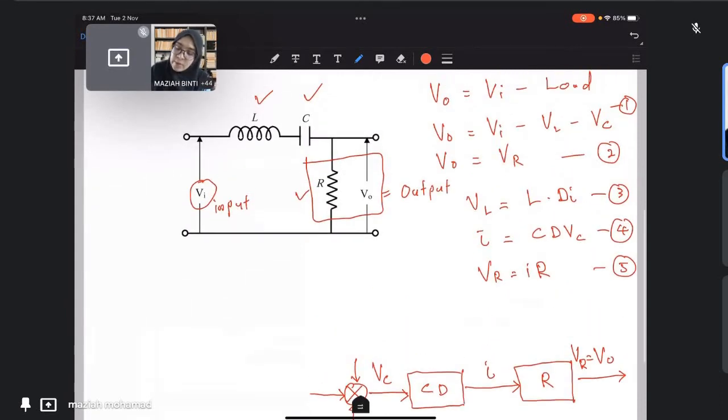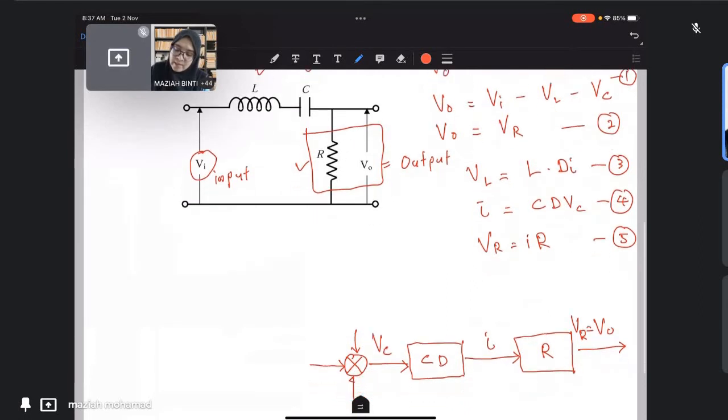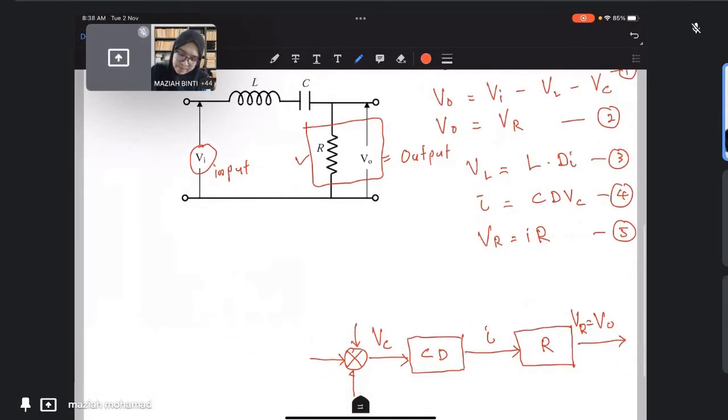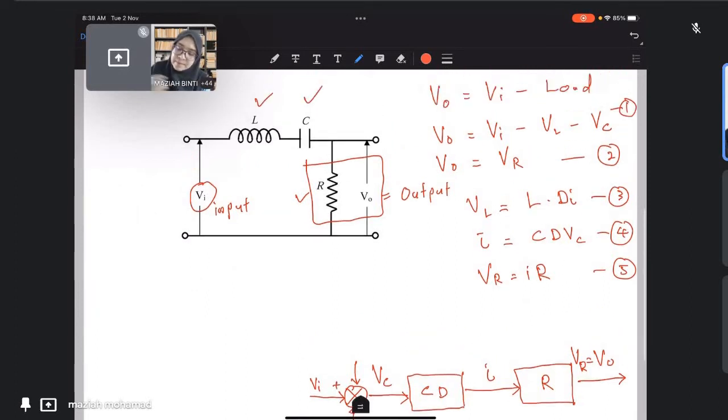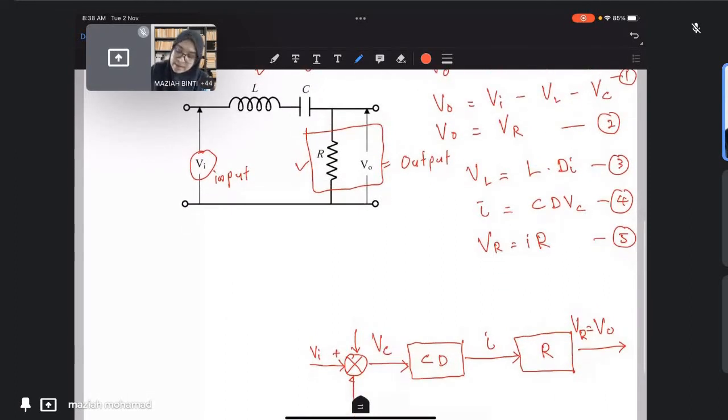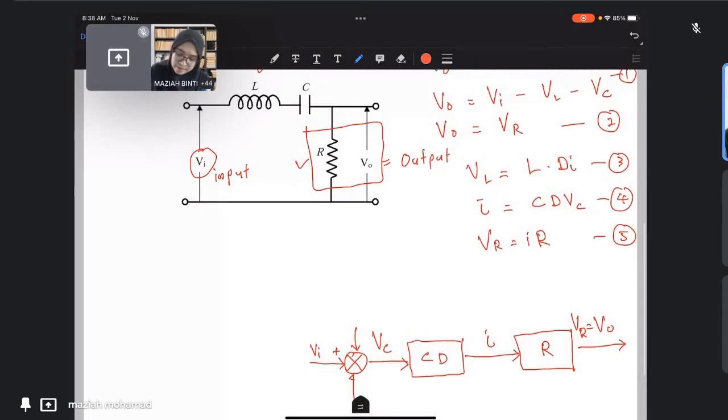From equation number 1, VC is VI minus VL, and then minus V out.